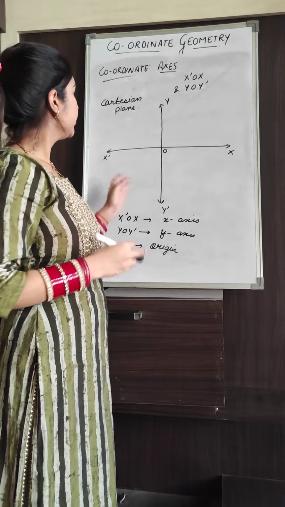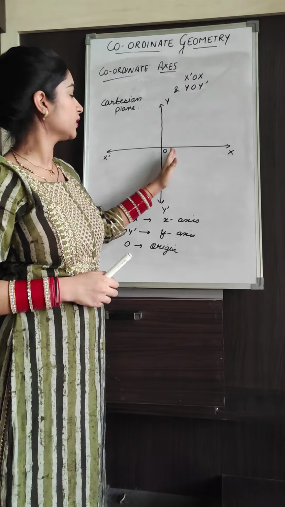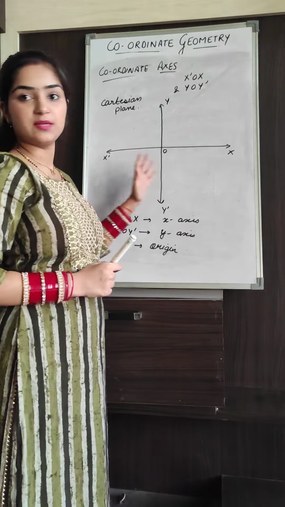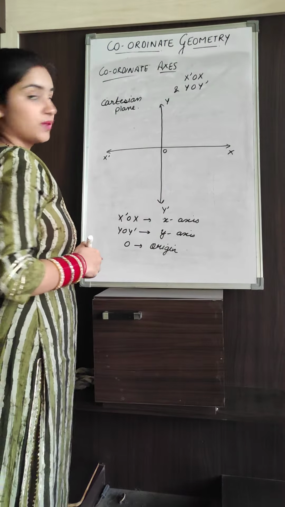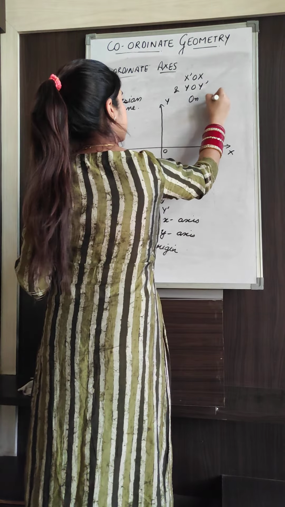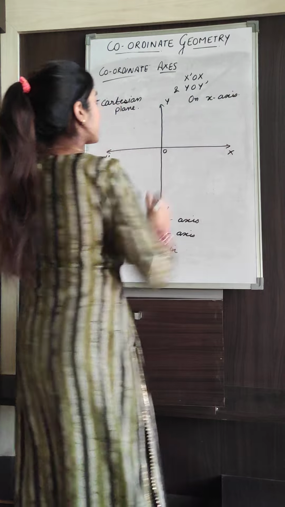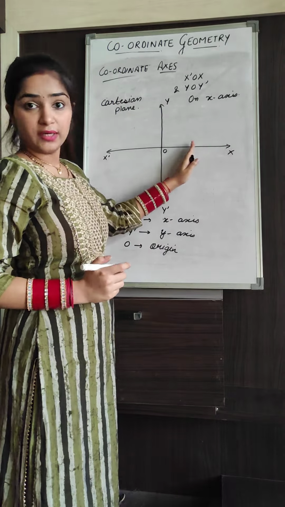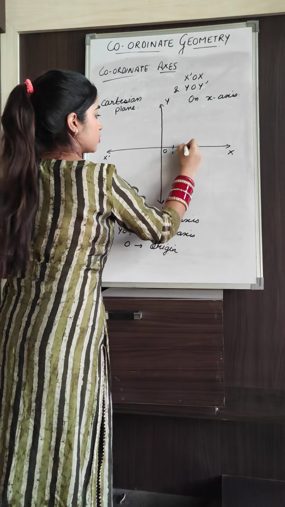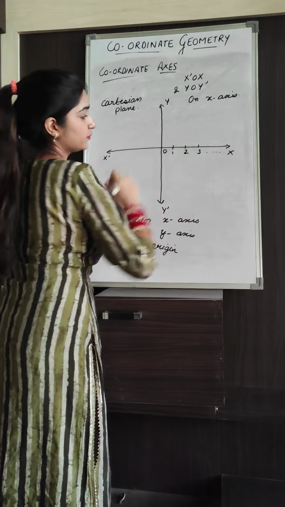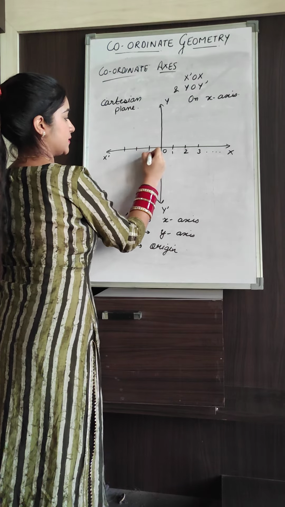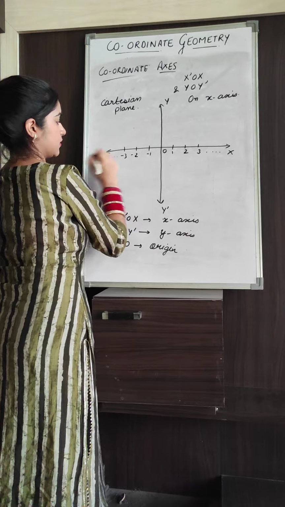Clear? Now moving further, I am going to tell you where in this plane positive integers lie, where negative integers lie and much more. So on the x-axis, every unit on the right-hand side of the y-axis represents the positive integers, and every unit on the left-hand side of the y-axis represents the negative integers.